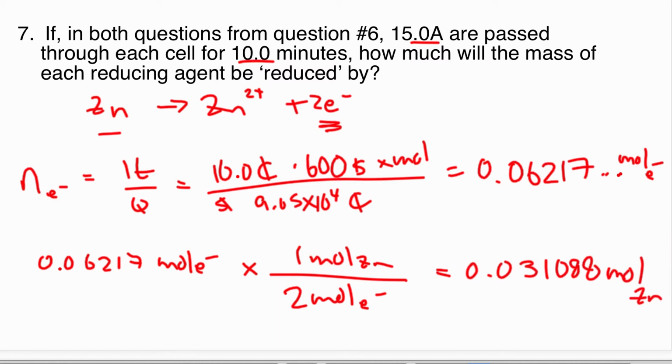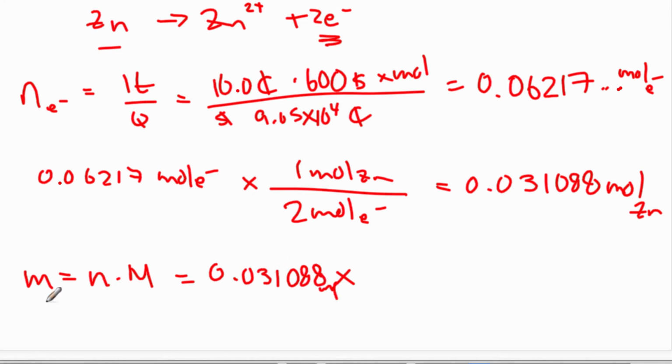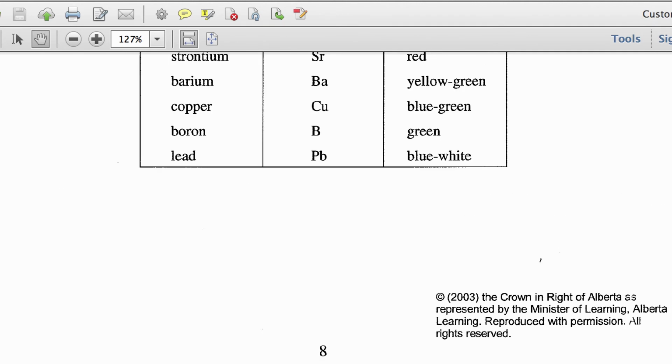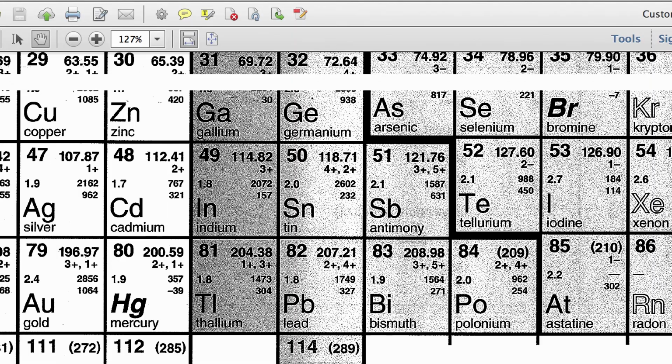And now I need to find the mass of zinc. So the mass of zinc using our formula is moles times molar mass. So the moles, 0.031088 multiplied by the molar mass of zinc, which is way at the top here. Let me find it. Zinc. Do you see zinc anywhere?